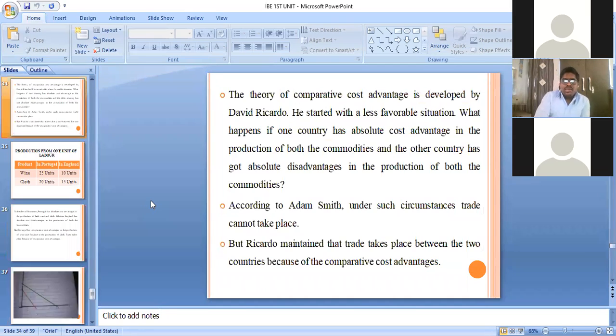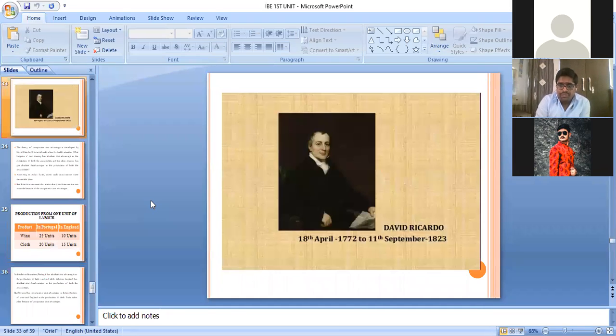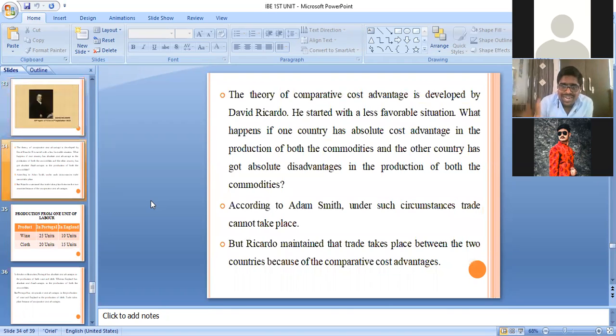Once again I will quickly revise this theory. This comparative cost advantages theory was given by whom? It was given by David Ricardo. David Ricardo talked about a less favorable situation.